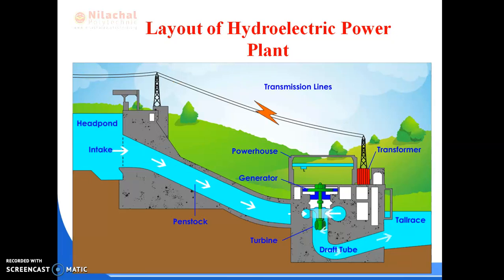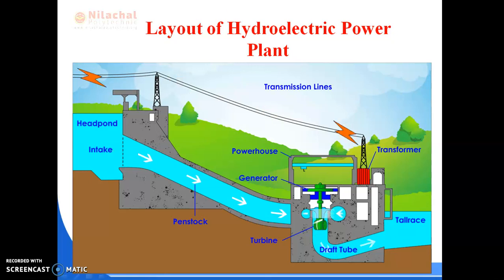Catchment areas are where we store water, such as rivers, ponds and different canals. We allow the water to flow into the dam, and inside the dam we store the energy of water.